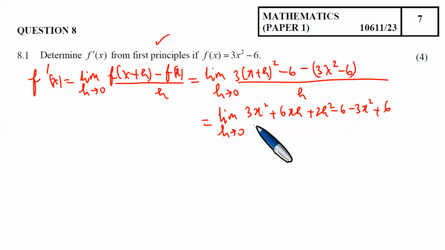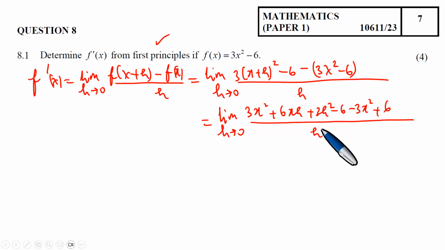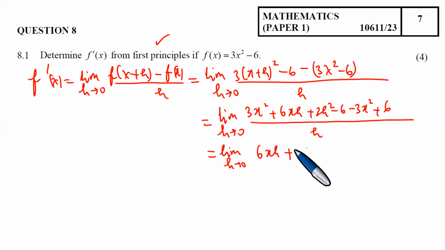You divide everything by h here. So we have the limit as h tends to 0. The x squared cancels out, the 6 cancels out, and you have 6xh plus 3h squared, which is divided by h. So you have the limit as h tends to 0 of 3h.